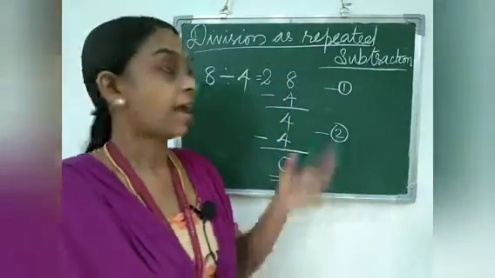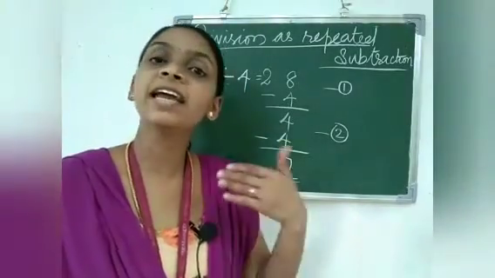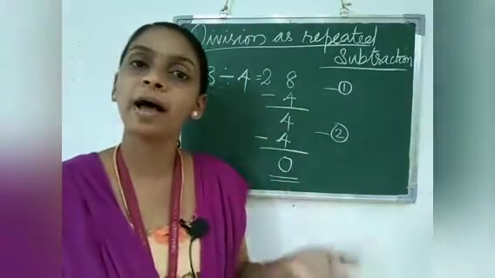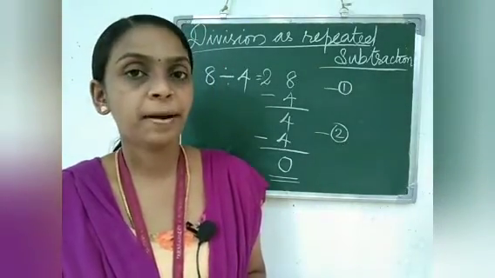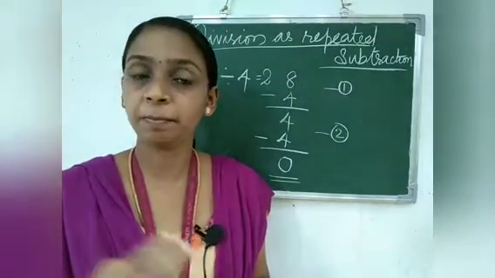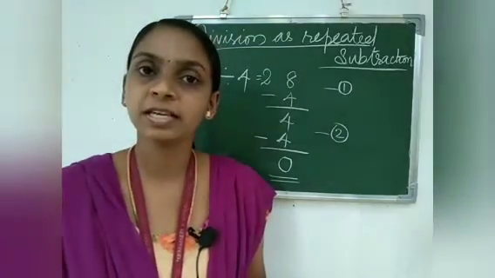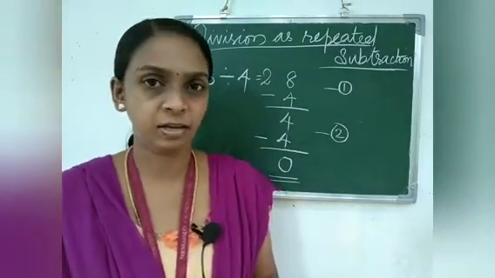That is, 8 minus 4 equals 4, and again we subtracted 4 from that 4, then we got 0. Division by the repeated subtraction method means we have to subtract the numbers until we get 0.